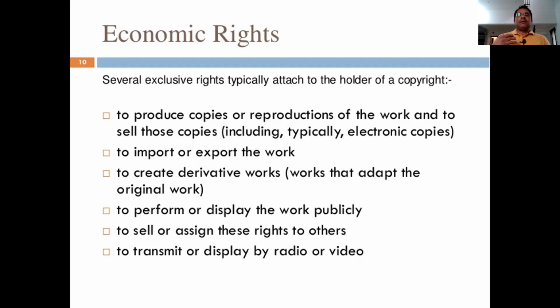The producer might have approached the author and paid him some royalty. Then he might have allowed the producer and the director to produce that film. That is called the right to create derivatives, to adapt the work, to convert the original work into some other form. That right is with the original owner.